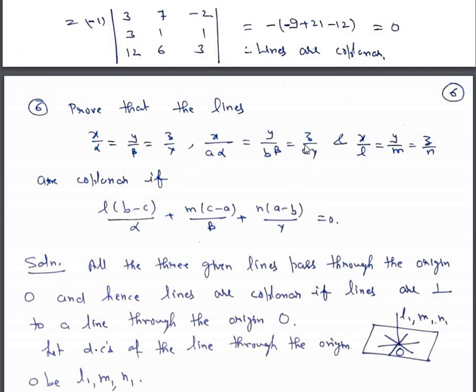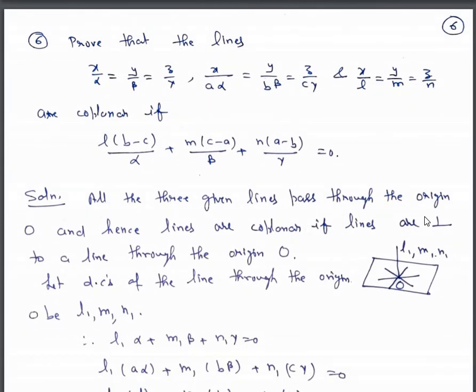Now from the equation of the lines you can observe that all the three lines are passing through the origin. So all the three given lines pass through the origin O, and hence the lines are coplanar if the lines are perpendicular to a line through the origin O. So suppose the direction cosines of the line through the origin O are L1, M1, N1.